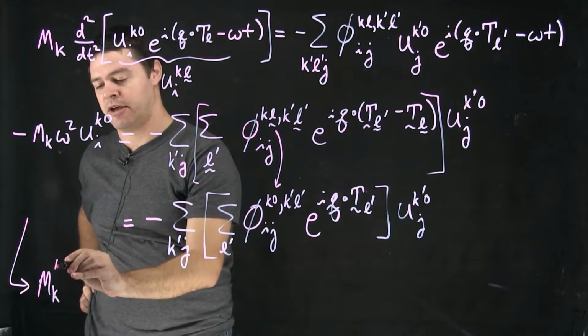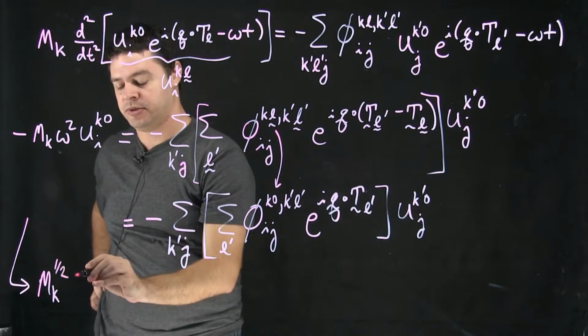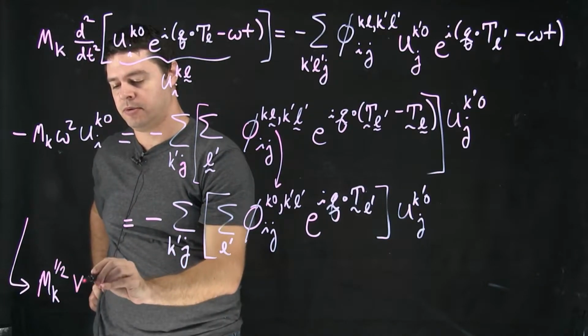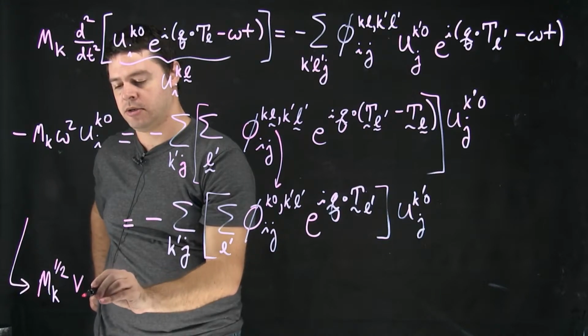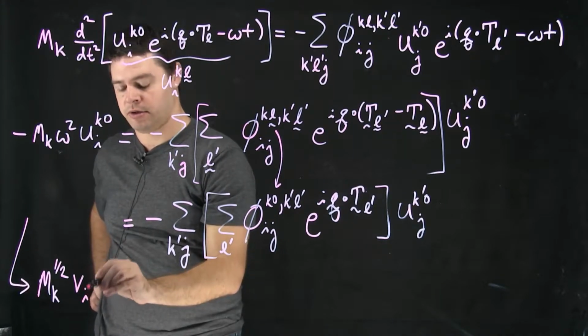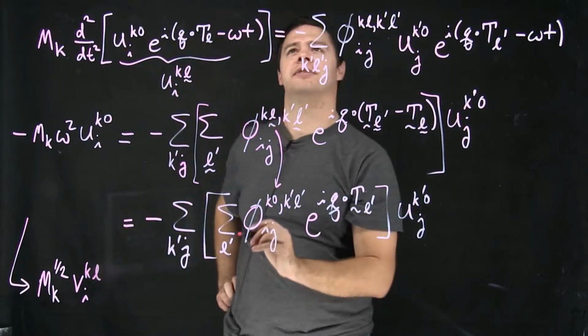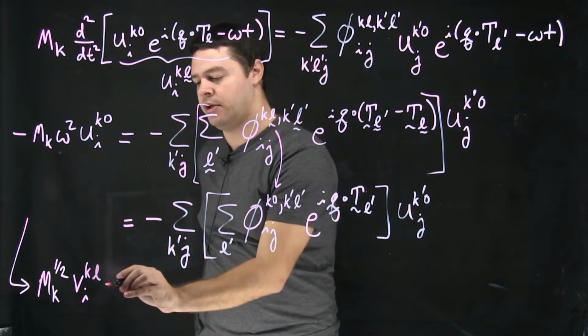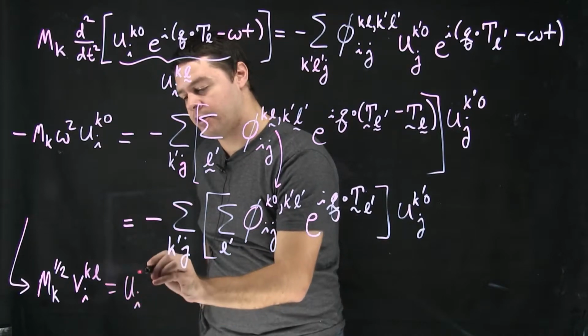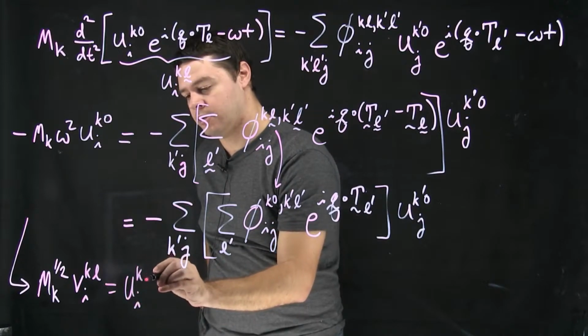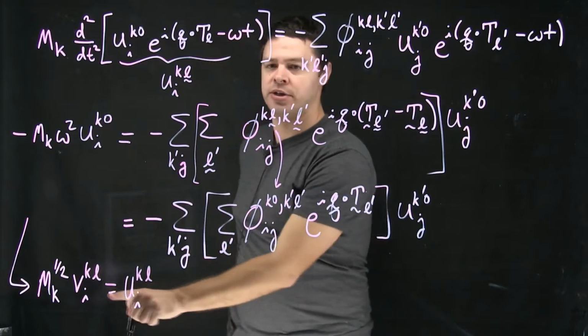I gotta remind myself, half times v in the ith direction of the kth atom in the lth unit cell equals u_ikl. So this is just a change of variable.